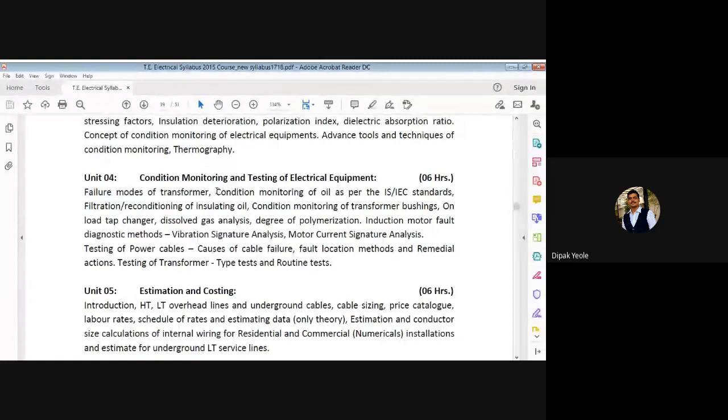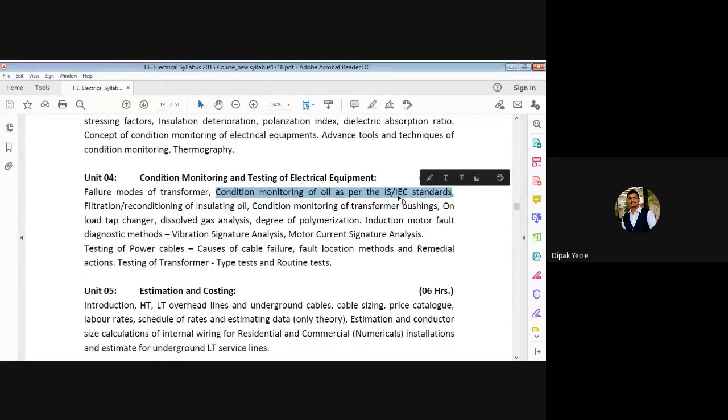After that, we saw the condition monitoring of the oil. We saw the filtration and purification processes and plants, which come under the category of condition monitoring of oil as per the IS standards, and IEC standards are also available. That is called the International Electrotechnical Commission. No doubt a question will be asked: explain the filtration methods for the transformer oil.